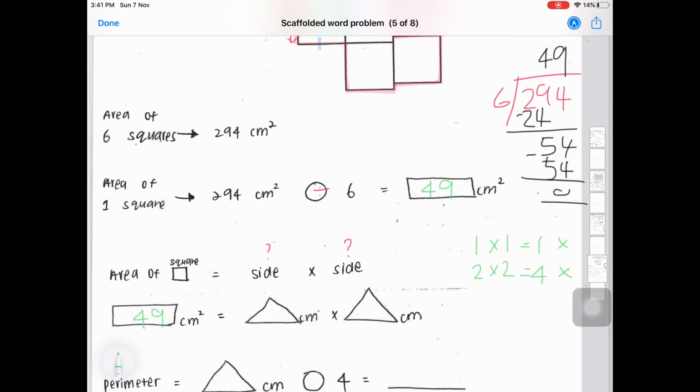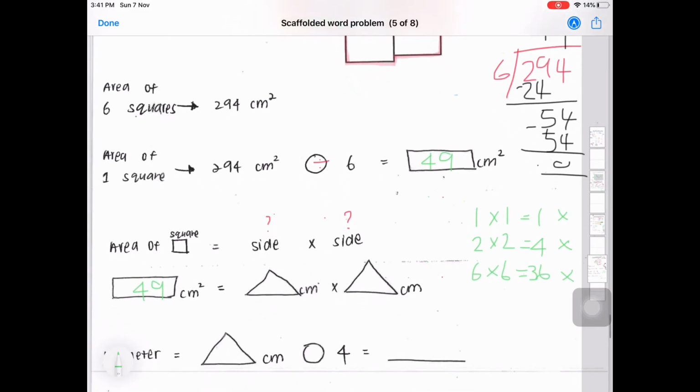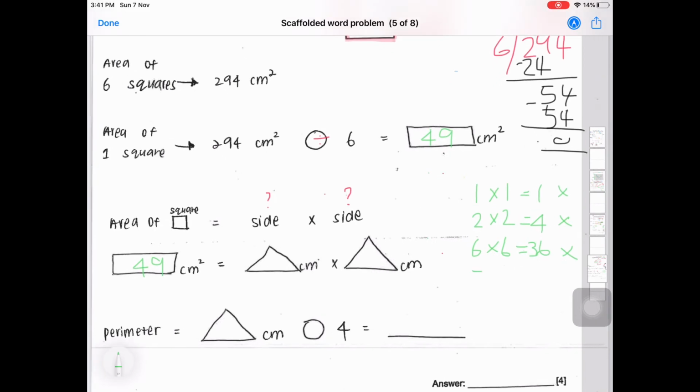Now let's try a bigger number. How about 6 times 6? 6 times 6 would be 36. But is it 49? Nope. So the side is not 6 cm. How about 7 cm? 7 times 7, is that 49? Yeah, it is 49. So the side is 7 cm.